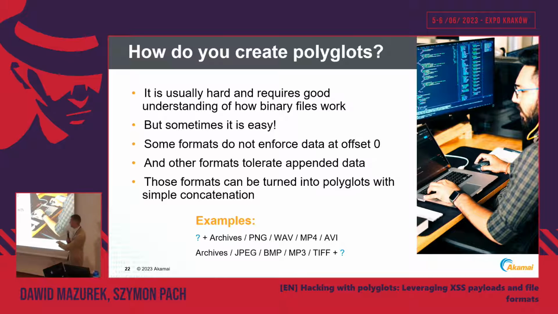And in the second line, the question mark stands for any file we want, and it's at the end of the file. And at the beginning of this file, we can easily append also archives, JPEGs, MP3s. The interpreter of this file should not display any error due to the fact that the structure is created.